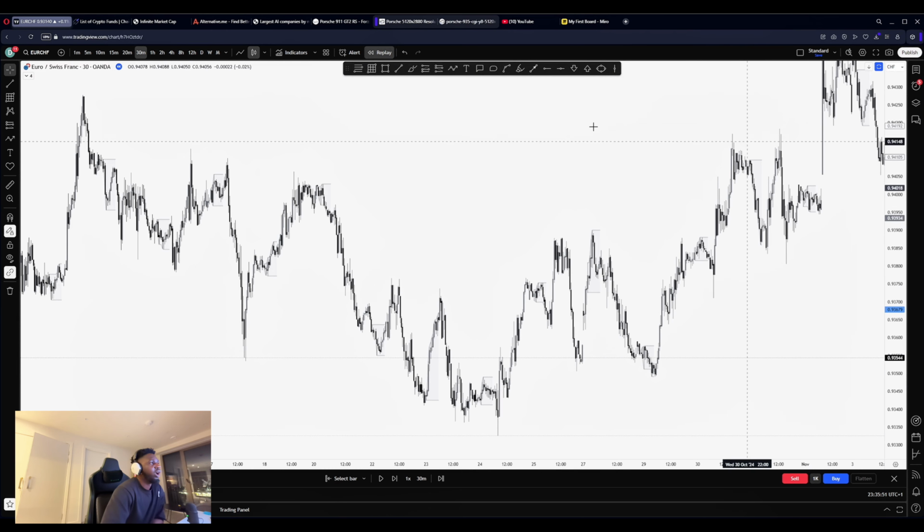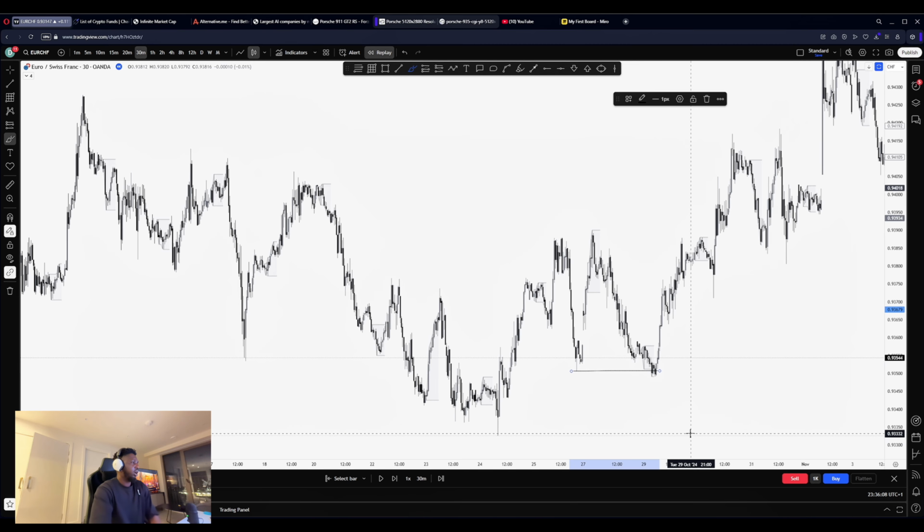So here we have the same entry that basically happened there. So we have a break of market structure. We have a break of market structure up here as well.